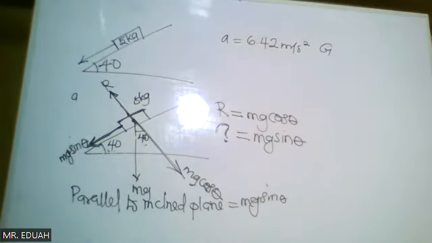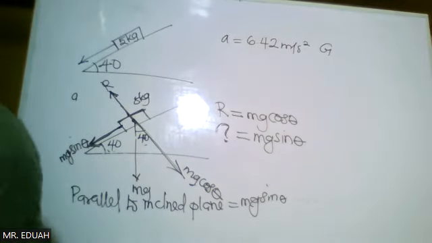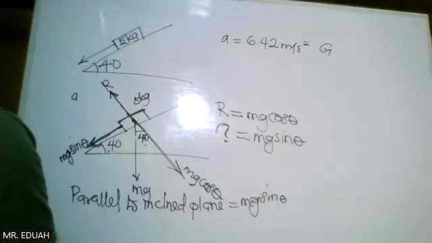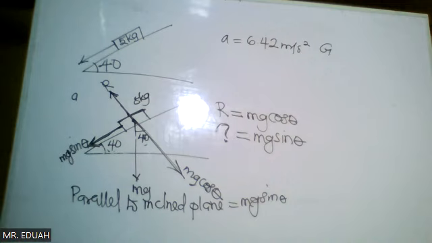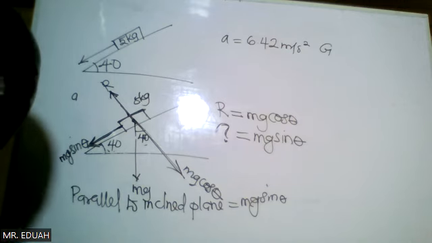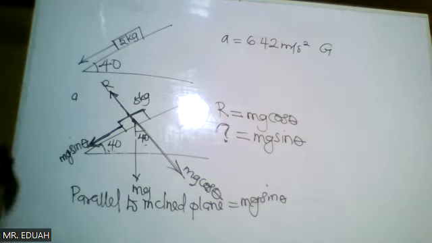But the question is that a tile of mass 5 kilograms slides down a roof which is inclined at 40 to the horizontal. Assuming the roof is smooth, find the acceleration. Okay, Gerard, what's the question?